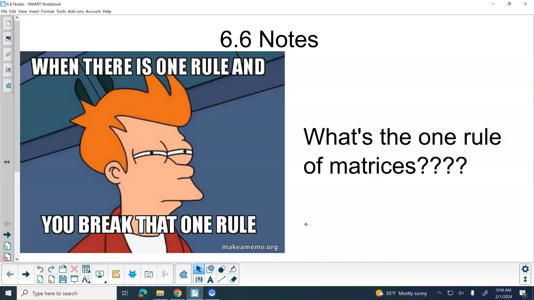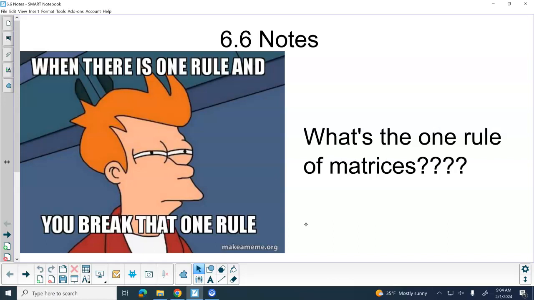Rows by columns. Yes. Second letter, because B is the second letter in and Y is the second letter out. Okay. So rows by columns is the rule.